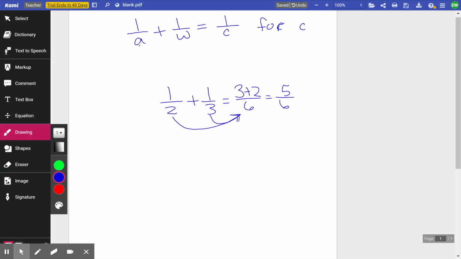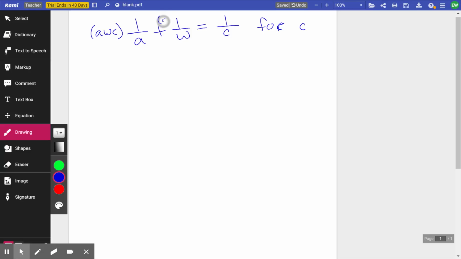Likewise, with A, W, and C being all different variables, the way I can get the least common denominator is by multiplying A, W, and C, which would be AWC. So if I multiply each one of these by AWC, what happens?